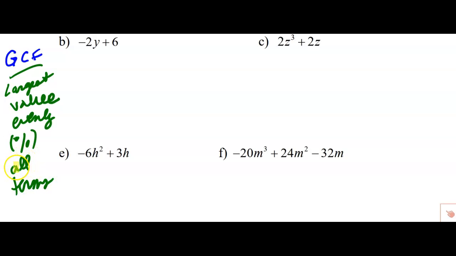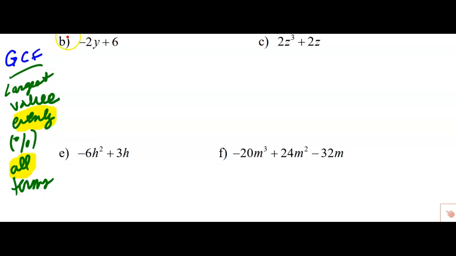Essentially, since we're talking about things that are plus and minus, we want to pull out a common factor, and that means we want to be able to evenly divide all of the values that we see.